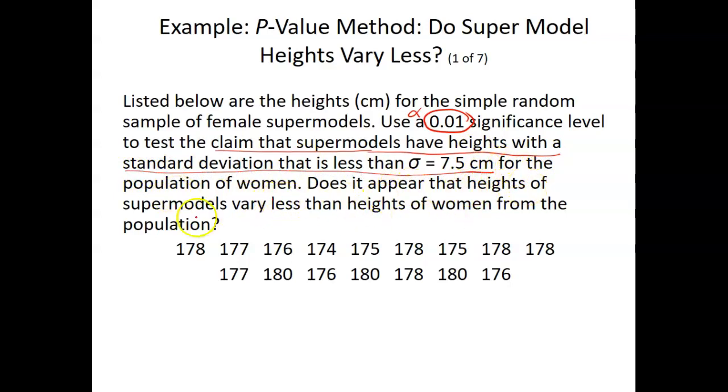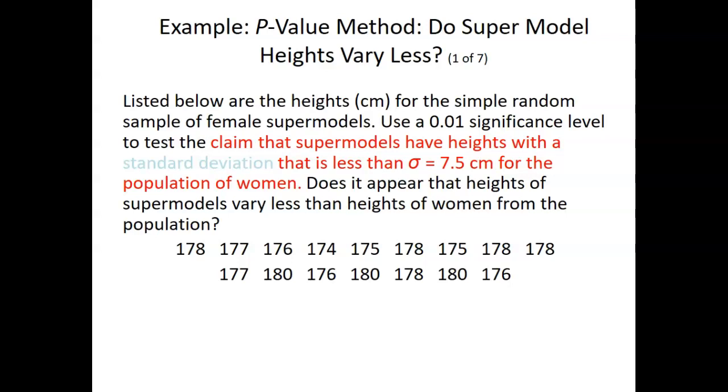Does it appear that heights of supermodels vary less than heights of women from the population? Okay, so we have our claim here, we have our alpha, we have our data set. So anytime you have a data set, you want to enter this in your L1 and go ahead and get your statistics from it by doing your one variable stats. And keep that in there in your calculator because we will need that for other things as well.